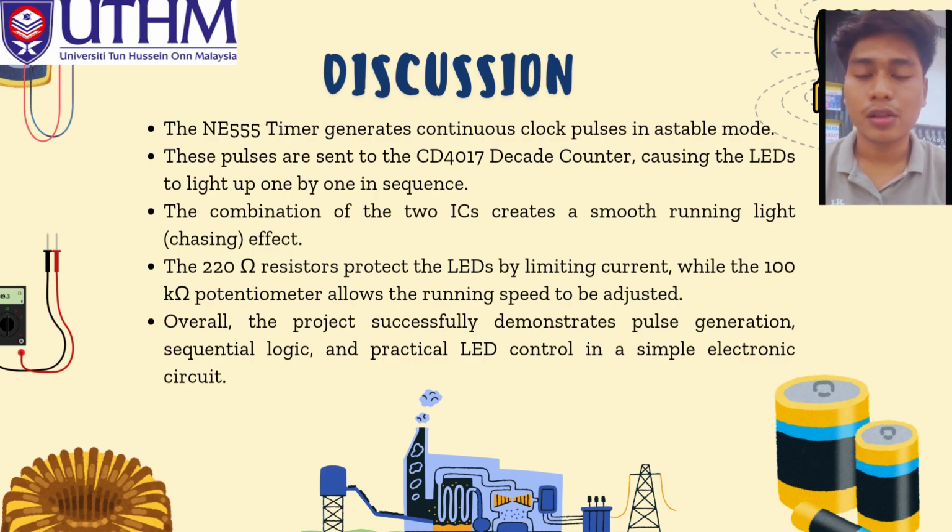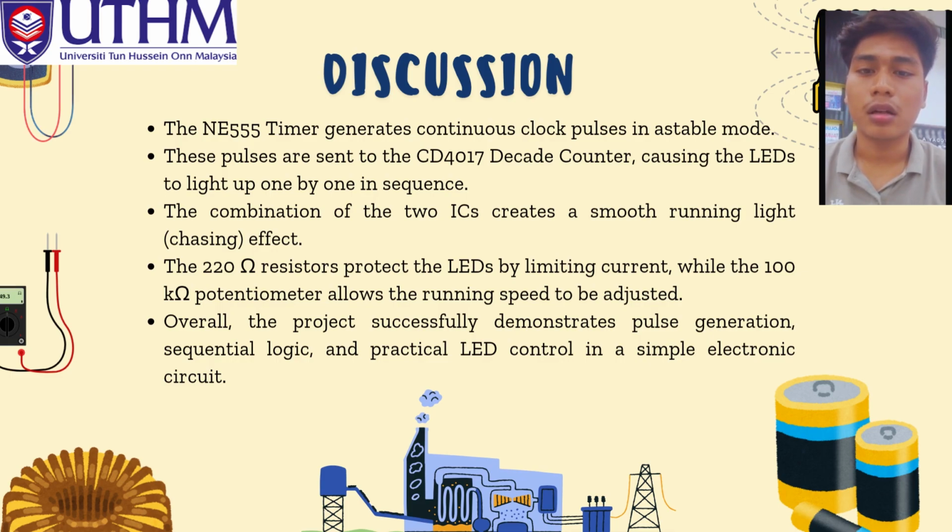You can look at the display. Next, the NE555 timer generates a continuous clock, placed in astable mode. The pulses are sent to the CD4017 decade counter, causing the LEDs to light up one by one with each square pulse. Next, the combination of the two ICs creates a smooth running lighting effect.